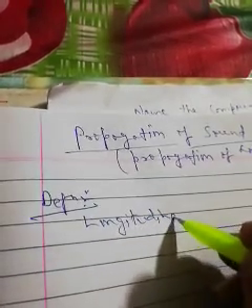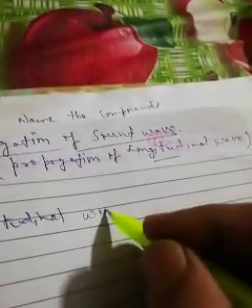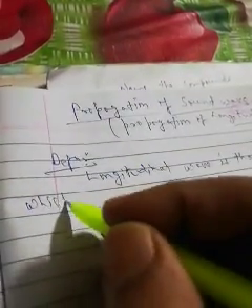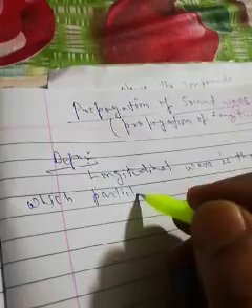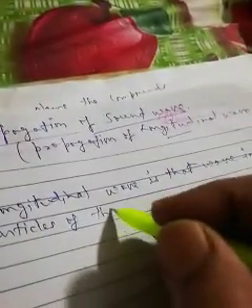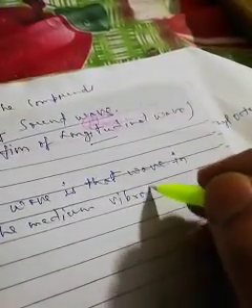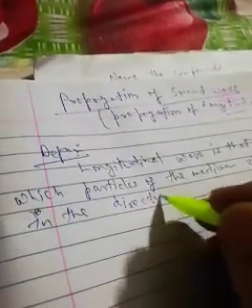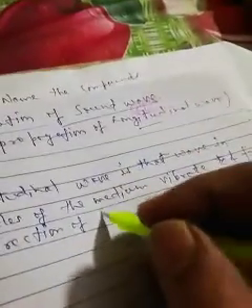Longitudinal wave is that wave in which particles of the medium vibrate to and fro in the direction of propagation of wave.